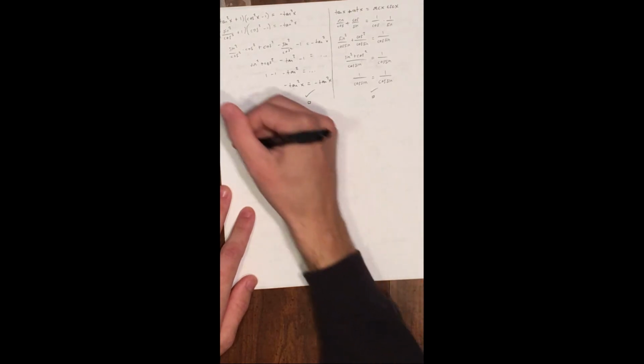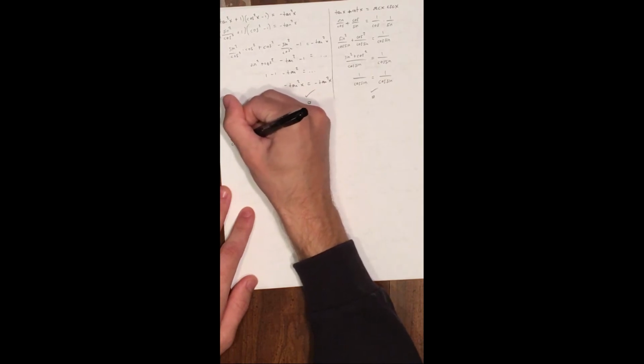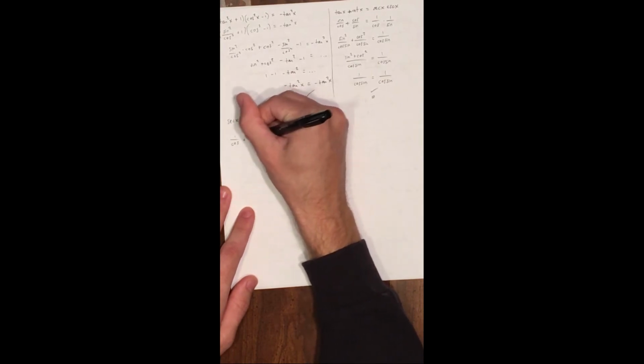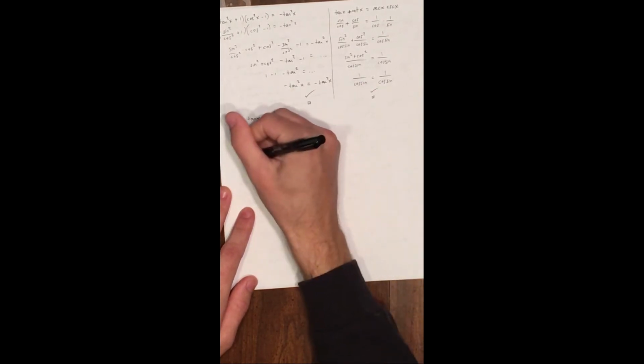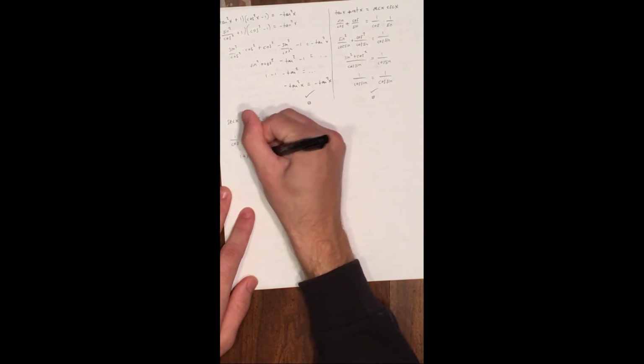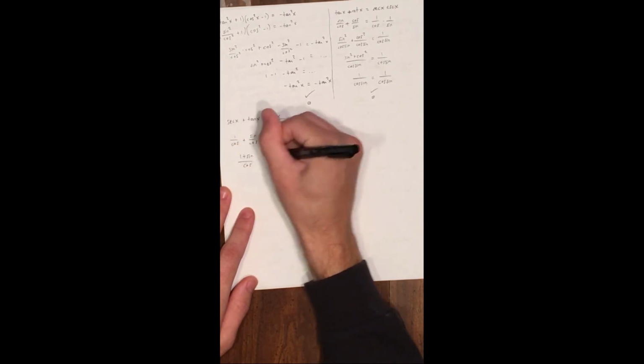This is another problem that can definitely be done many ways. Let's try converting the secant and tangent first to sines and cosines. If we do that, we have 1 over cosine of x plus sine of x over cosine of x. We can combine those fractions to get 1 plus sine of x over cosine of x.